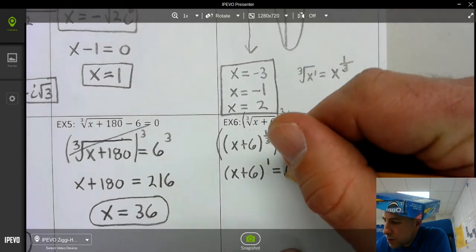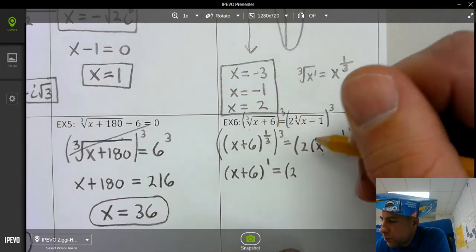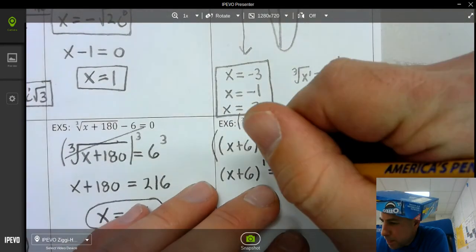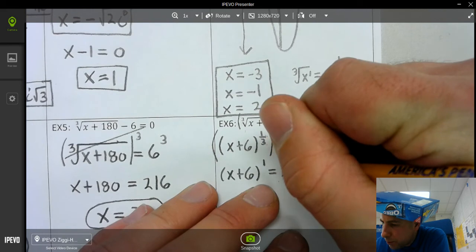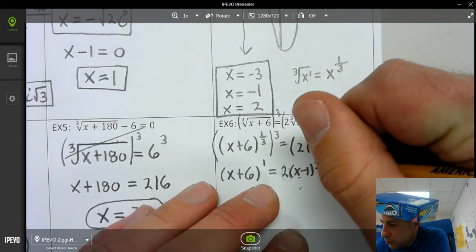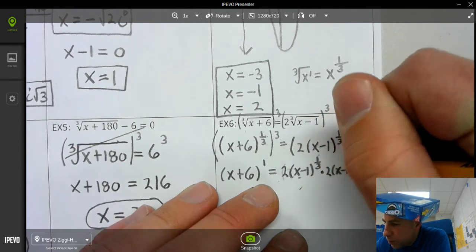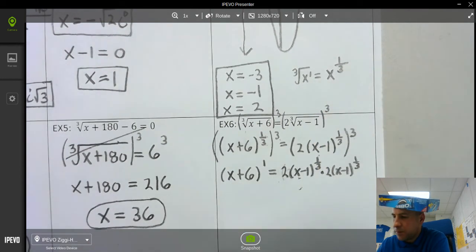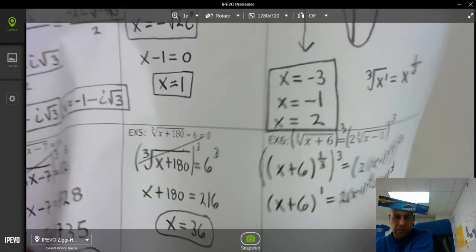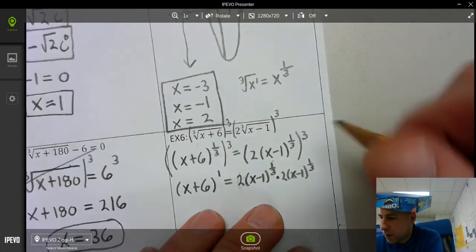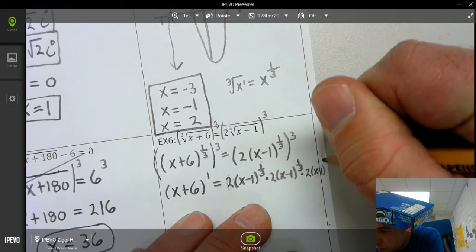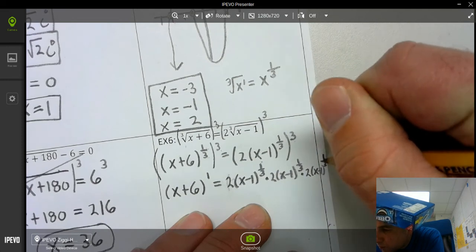So that's 2 times x minus 1 to the 1/3 times 2 times x minus 1 to the 1/3 times 2 times x minus 1 to the 1/3.